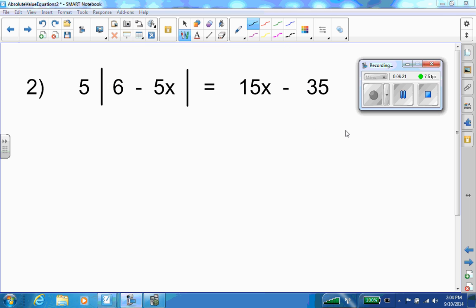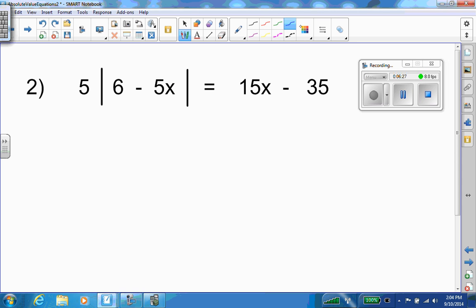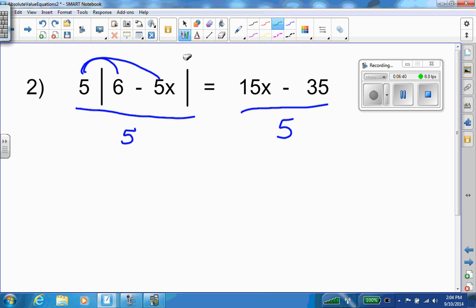Okay, here's our second tricky example, and I noticed first thing that it also does not have the absolute value bars isolated. So in order to start this problem, we need to divide both sides by 5. Be careful here, because I've had lots of students who want to use the distributive property, but the distributive property does not exist when we're dealing with absolute values.